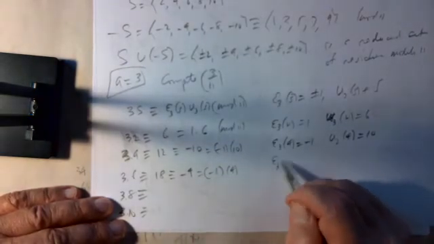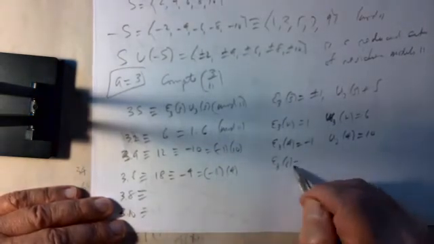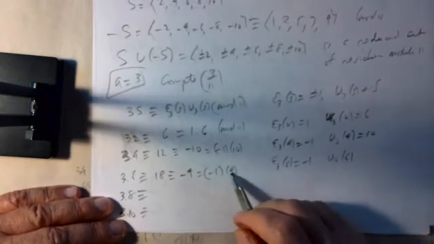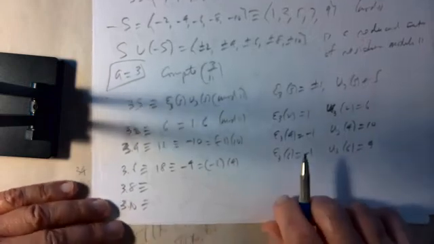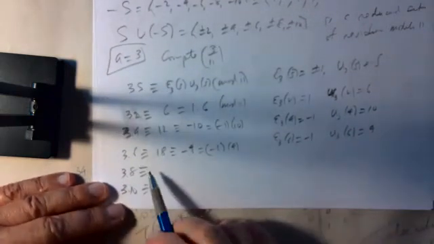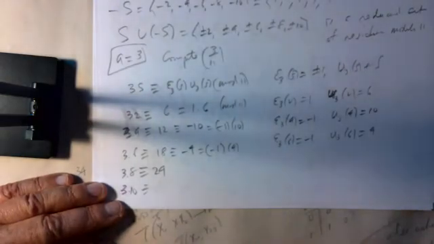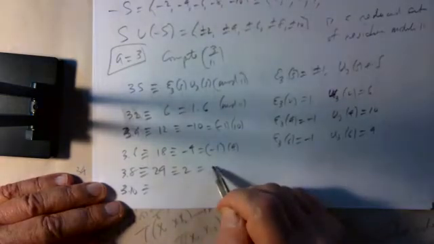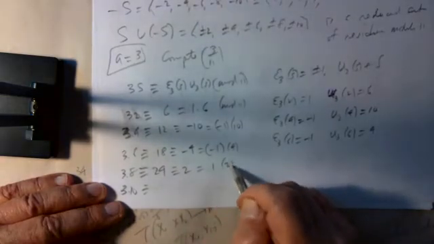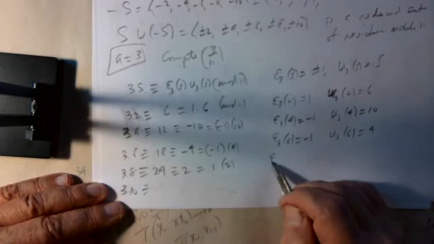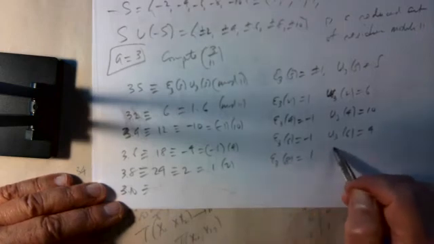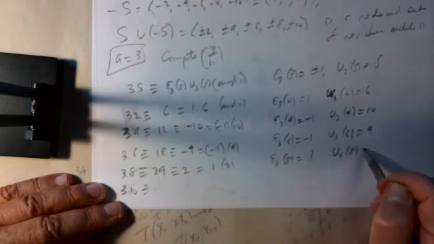So epsilon sub 3 of 6 is minus 1, and u sub 3 of 6 is 4. 3 times 8 is 24. 24 is 2 mod 11. That's plus 1 times 2. So epsilon sub 3 of 8 is plus 1, and u sub 3 of 8 is 2.